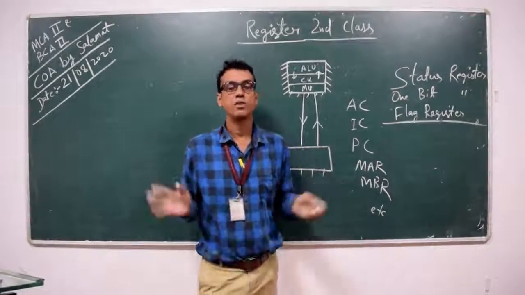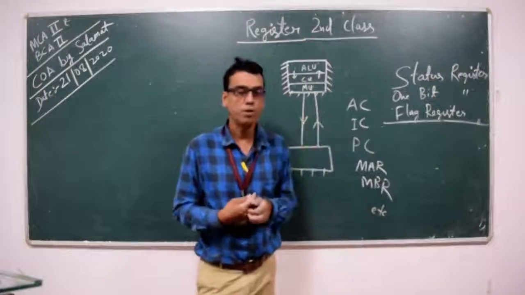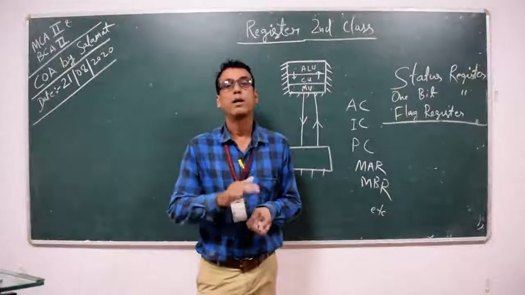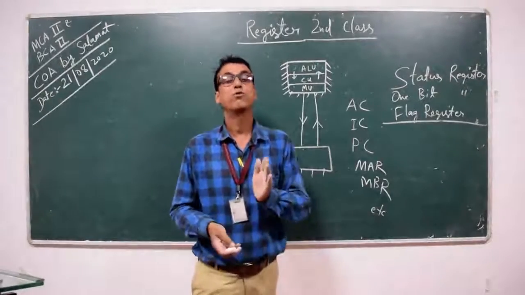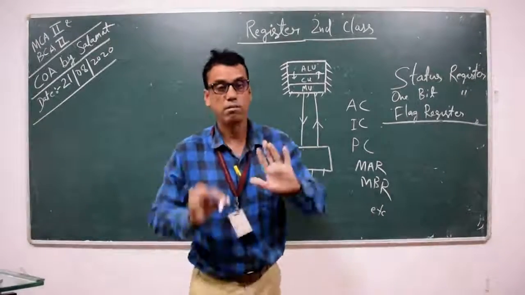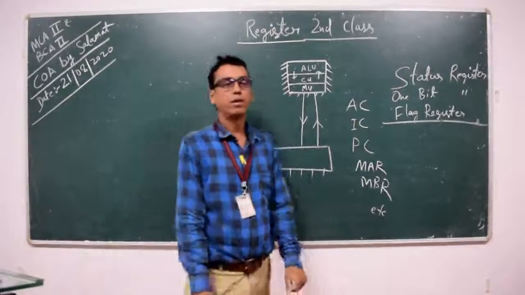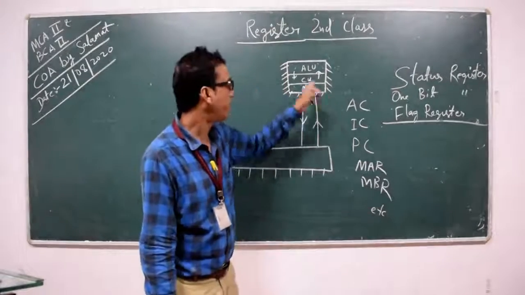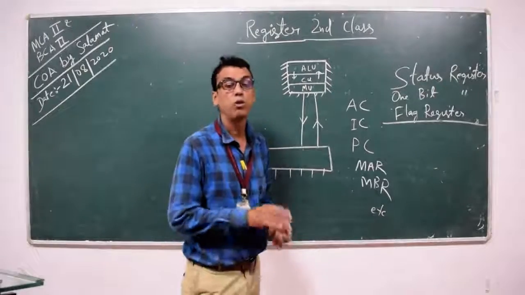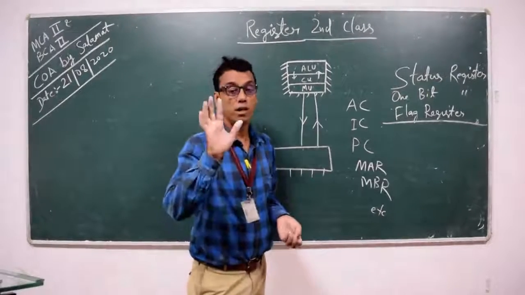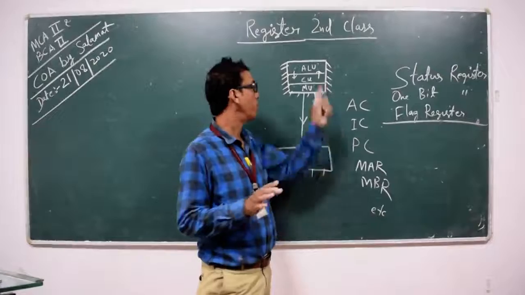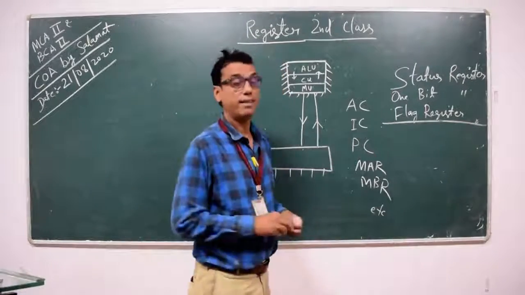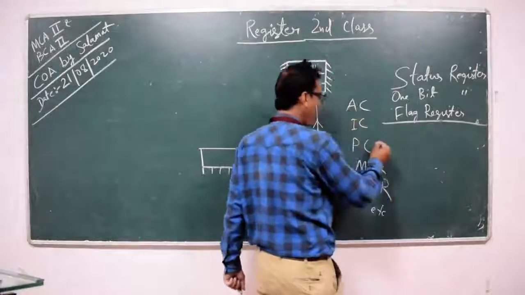All the status related information is found in the status bar of MS Word. Why is it known as status? Because it shows you the current status of the application software. Here, in the case of the microprocessor, it shows you the current status of the processing.